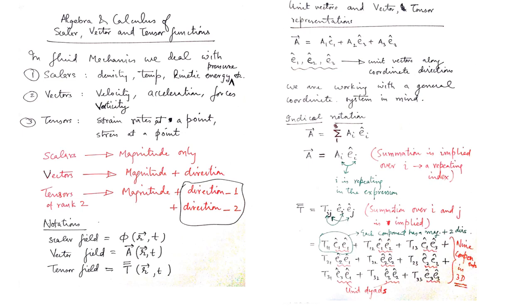And then vectors, of course: velocity field, and the velocity vector is the most important thing in fluid flows. Acceleration of particles, forces, vorticity that we have just learned, what is vorticity, local rotation rates, in the earlier portion of my lectures. And then you also deal with tensors in fluid mechanics.